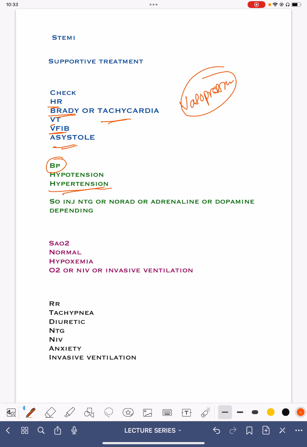The best thing for an MI patient with hypotension is a pump. We can always use the IABP, that is the intra-aortic balloon pump, which takes care of the coronary circulation as well. It improves the contractility of the heart also, and it reduces the risk of hypotension related complications.